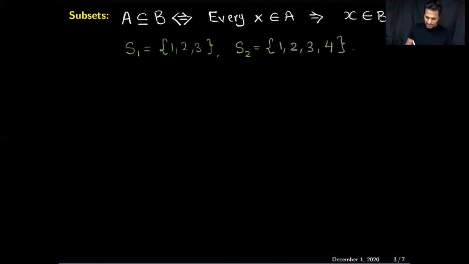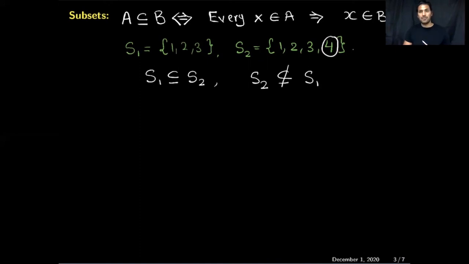Then we say that S1 is a subset of S2 because all the elements of the set S1 are also in S2. At the same time, we can say that S2 is not a subset of S1, with this notation for not a subset, because not all the elements of S2 are in S1. For example, 4 does not belong to S1. So this does not satisfy the definition of subset.